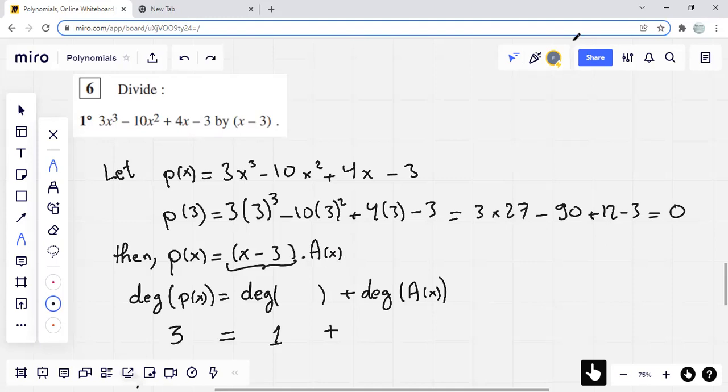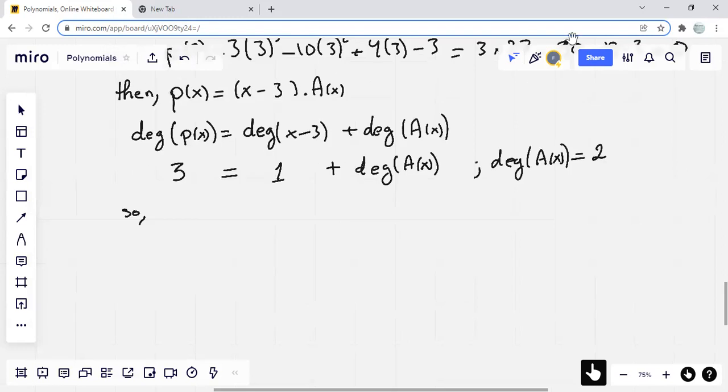The degree of x minus 3 is simply 1, because the highest exponent is 1. So the degree of a of x is equal to how much? 1 plus how much is equal to 3? 1 plus 2 is equal to 3. So the degree of a of x is equal to 2.